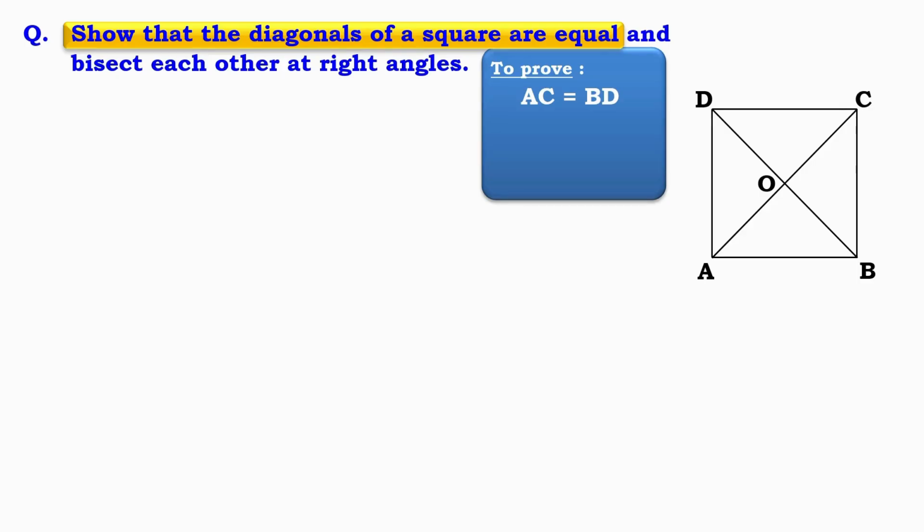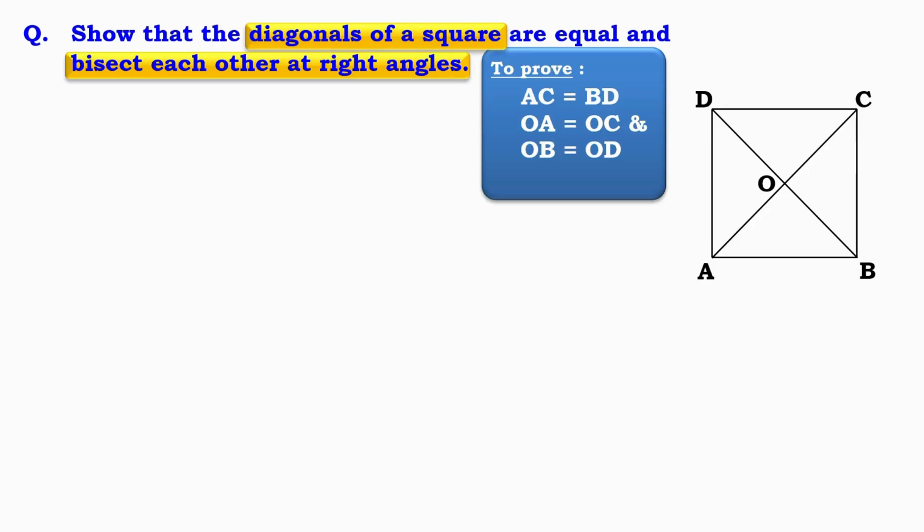In this case, we need to prove that AC and BD, the diagonals over here, are equal. And they bisect each other: we can see clearly that AC and BD intersect at point O. Bisecting each other means OA equal to OC, so O is the midpoint of AC, and similarly O is the midpoint of BD, meaning OB equal to OD.